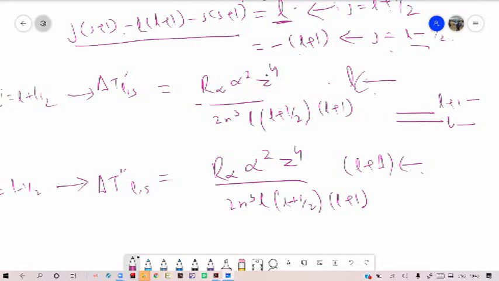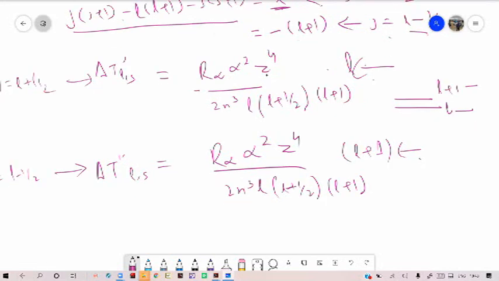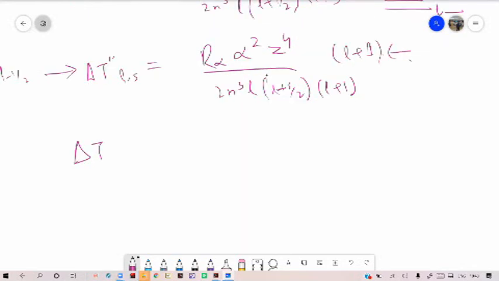And if you want to find that difference, how much the shift is, the difference between two terms, two energy levels, term means energy level, then we will write delta T is delta T LS double dash minus delta T LS dash.